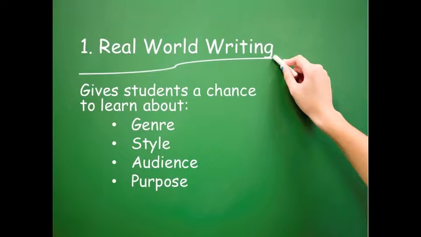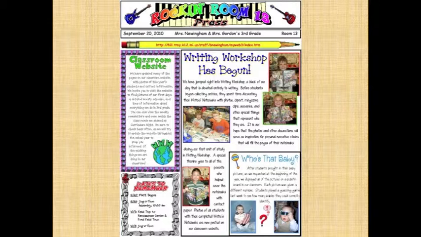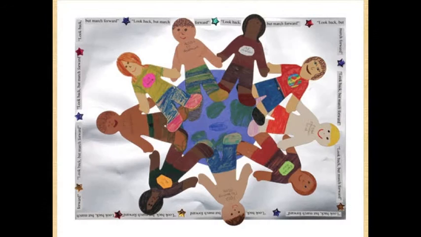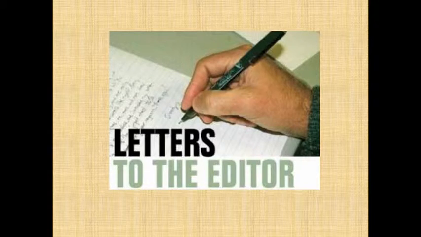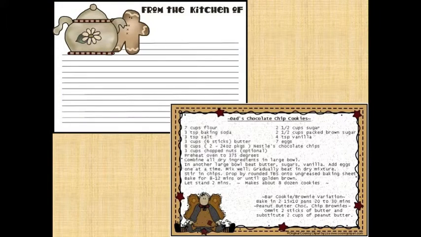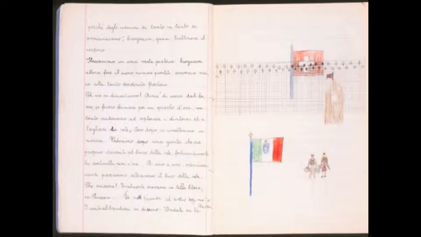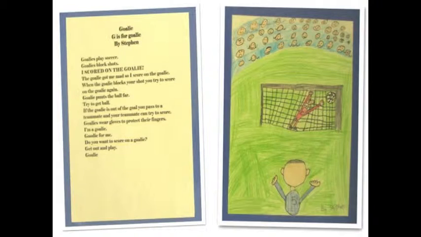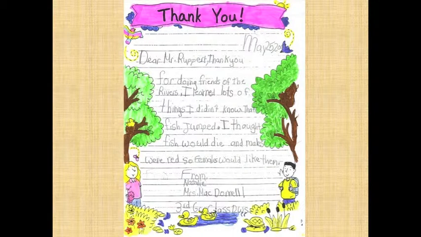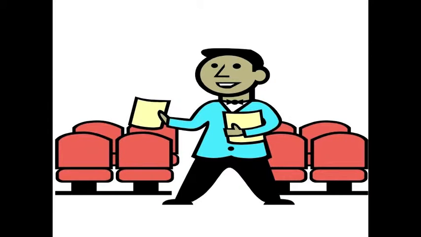Real-world assignments might include writing a newsletter, describing a picture or object, a letter to the editor, a cartoon, a recipe, a diary or journal, a short story or poem, a thank you letter, or they can even participate in a movie by writing a small screenplay.